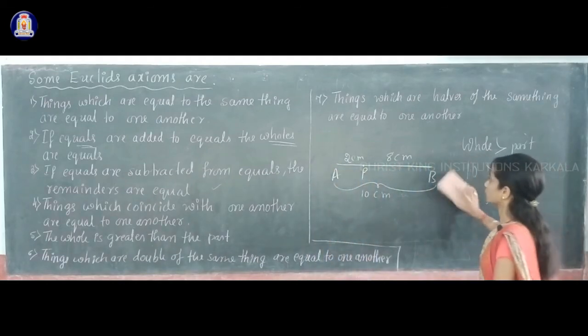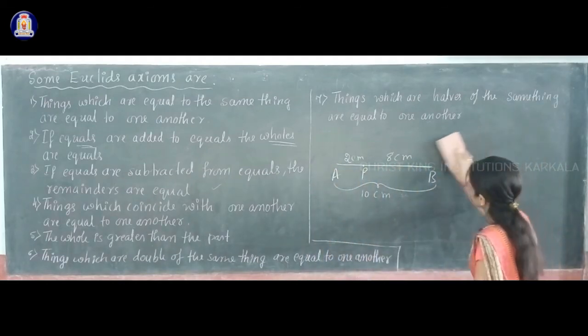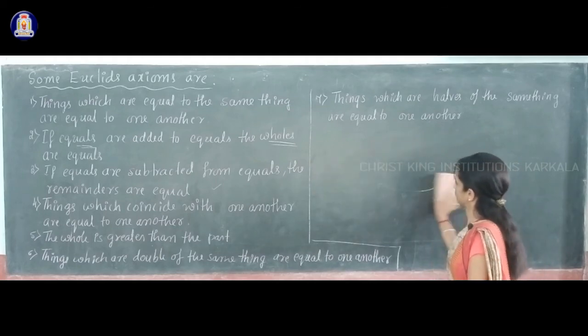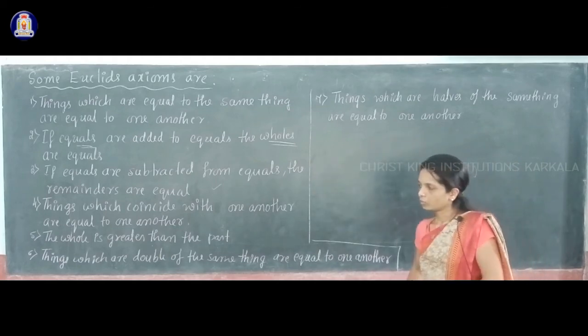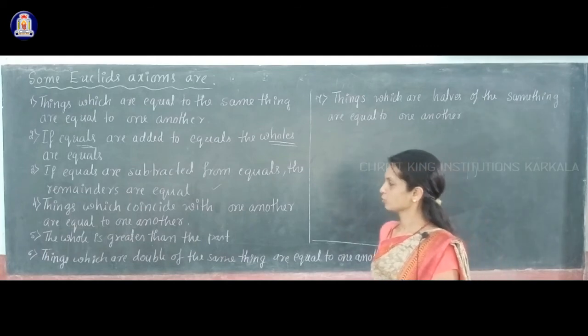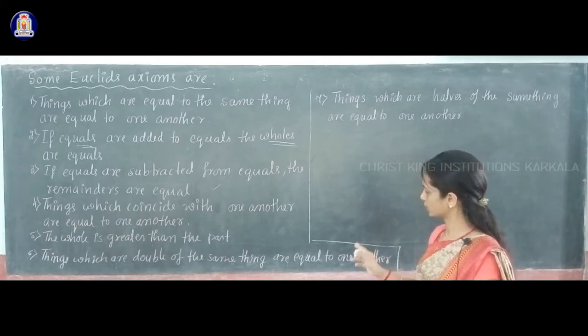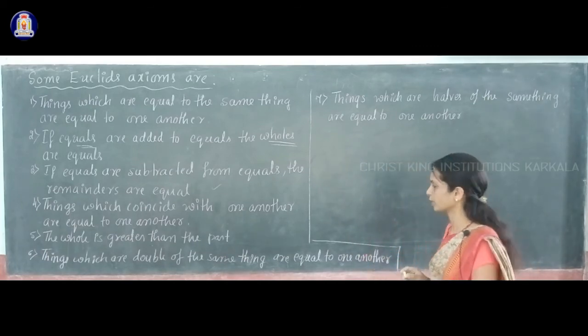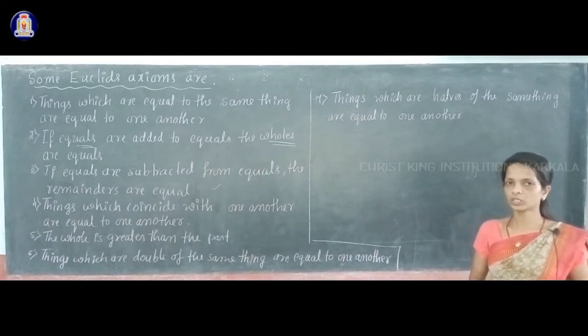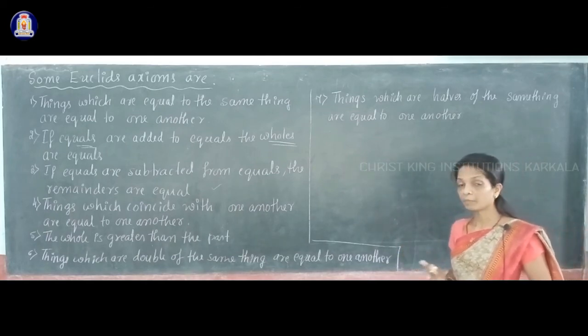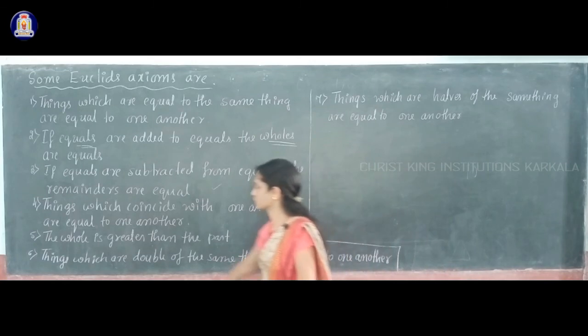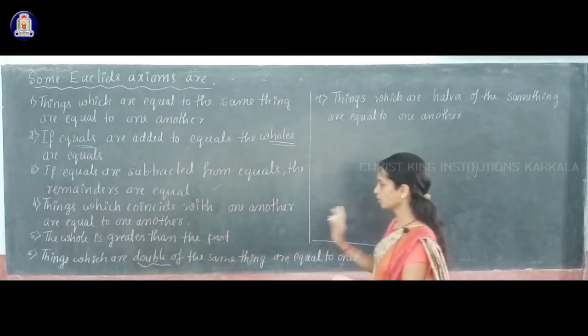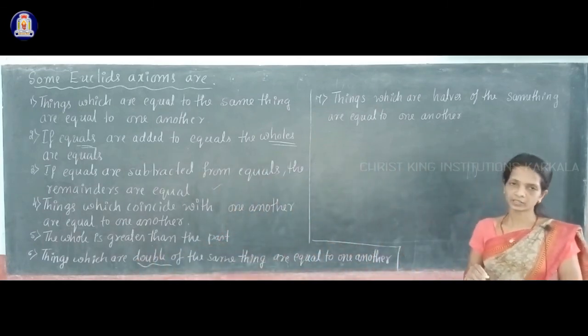And the sixth one. What is the sixth axiom? Things which are double of the same thing are equal to one another. Now we take two things which are double of the same thing. Then what can we say about those things?